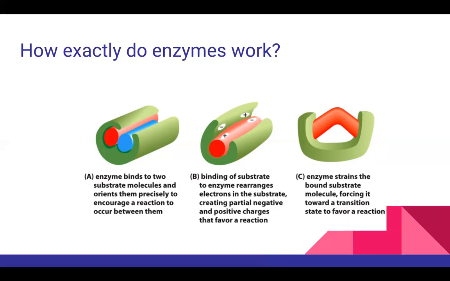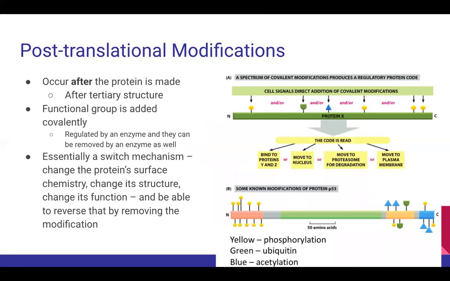B shows that the binding of a substrate to enzymes rearranges electrons in the substrate, which creates partial negative and partial positive charges to favor a reaction. And then C shows the enzyme straining the bound substrate to force it into a favorable transition state for the reaction to occur. So yeah, that's all I'll say about that one.